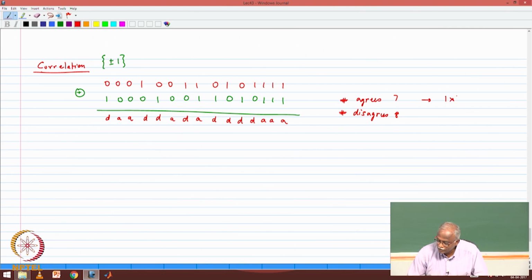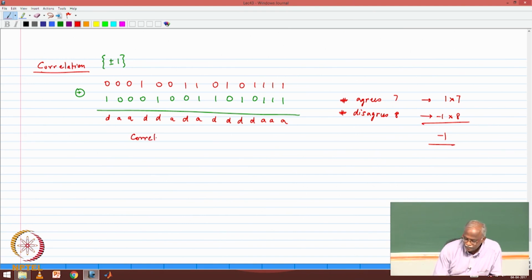So 1 into 7. These disagrees will correspond to 1. They will correspond to minus 1 into 8. If I add, I will get a minus 1 as the total. So this correlation value of minus 1 is a very, very interesting property when we do these circular shifts.